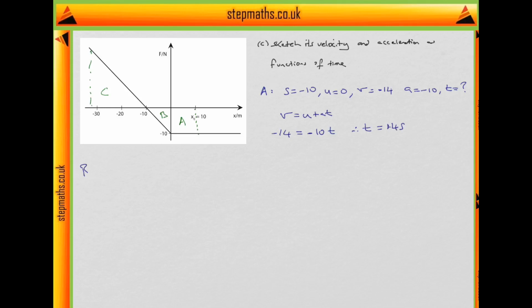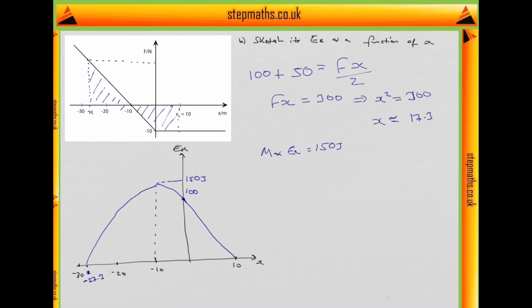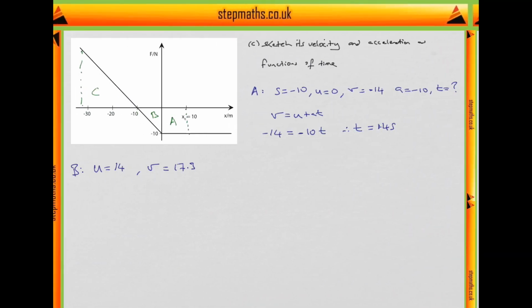What about in region B? Well, we know it reaches there with a speed of 14 meters per second, if we take the modulus of it. And we know that it leaves there with a maximum speed of 17.3. We worked that out from the fact that our maximum kinetic energy was 150 joules, and that corresponded to a speed of 17.3 meters per second.